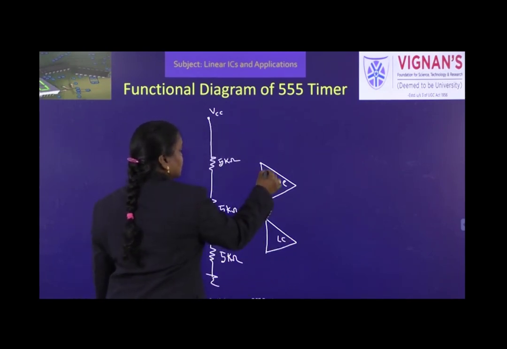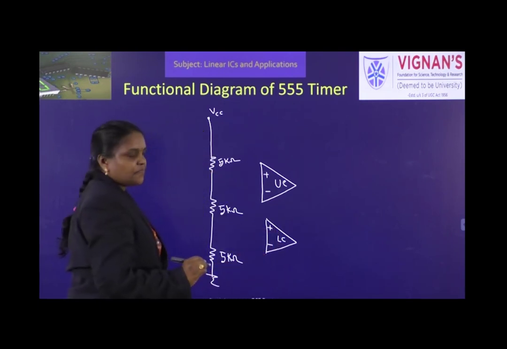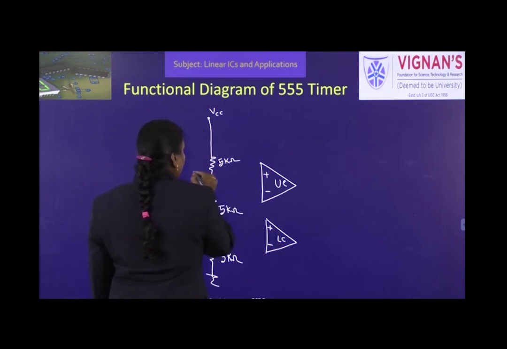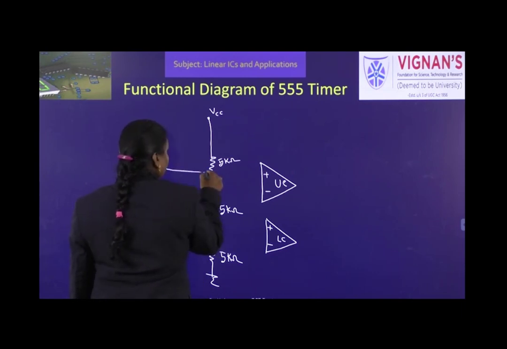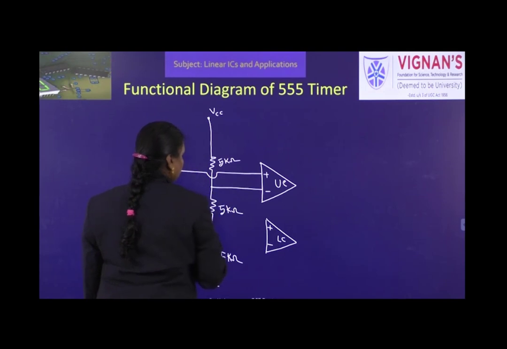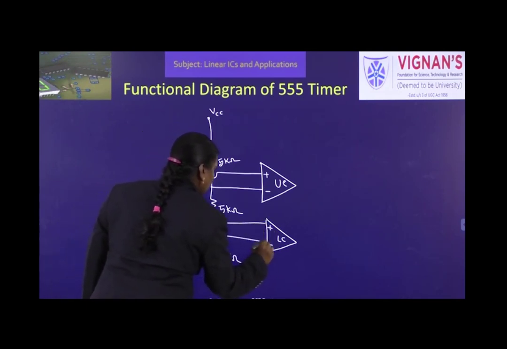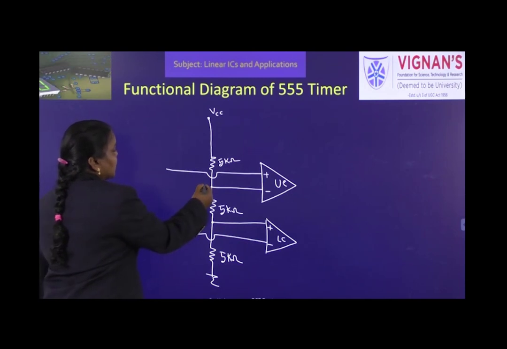Okay, so the operational amplifiers are operating in open loop configuration. So what will be the voltage at this point?